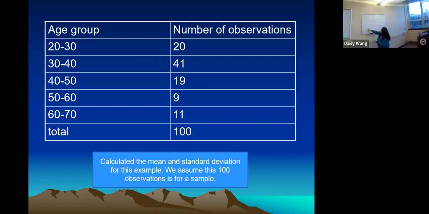So this is 15 squared, 225 times 20, 4,500 total for the first one. And then the second one is 25 times 41.